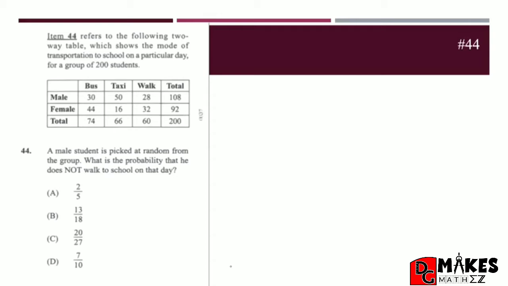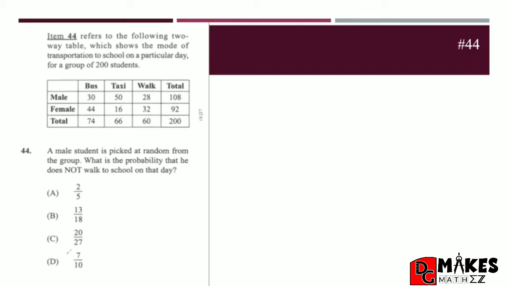The different modes of transportation are bus, taxi, or foot, and then of course there are males and females. The table shows how many males take bus, taxi, or walk, the total number of males, the total females, how many females take each of these to go to school, the total number of students who take bus in all, total for taxi, total for walk, and total students.